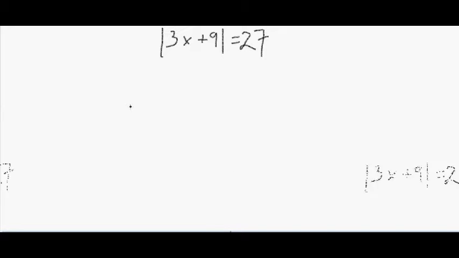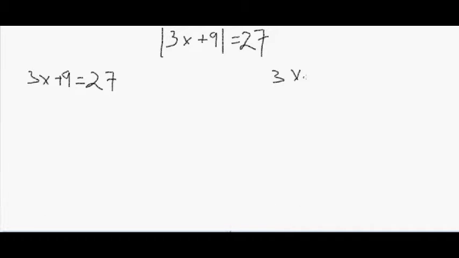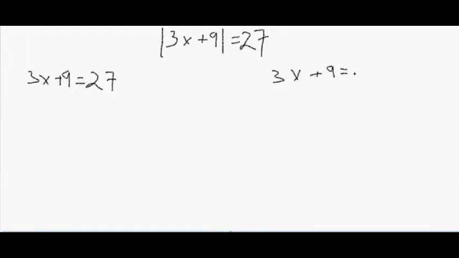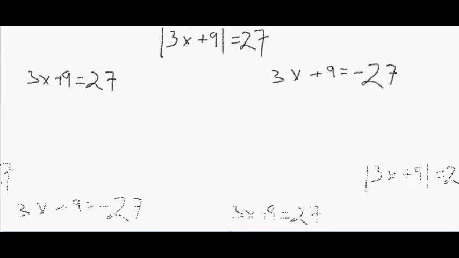Alright, so before you is an example of number 35. So this is absolute value, so you have to write the problem twice differently. So you're going to write this 3x plus 9, and then anything outside the absolute value changes, and this remains the same. So we'll keep this as equals 27, and we'll keep this as 3x plus 9 equals negative 27.